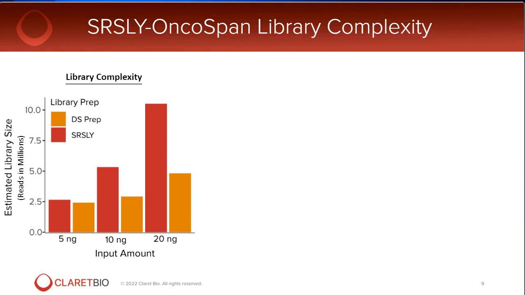Before I get to the variant allele frequency, a few overall library metrics that we looked at. The first is library complexity. In this figure, we are looking at the 3 different input amounts tested between the SRSLY prep in red and the comparison double-stranded prep in orange at 5, 10, and 20 nanograms.